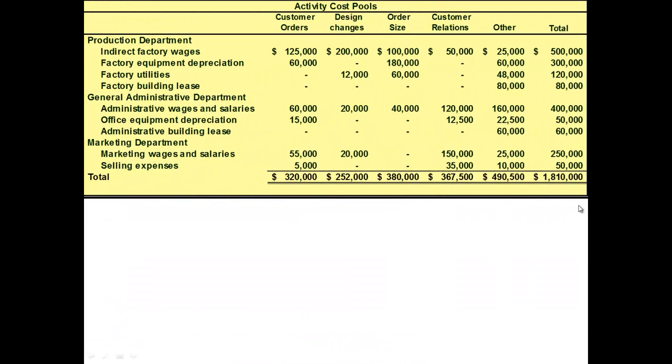So if you look over on the bottom right corner here, you see the $1.8 million in total. As we went across from left to right for indirect factory wages, we used the percentage related to customer orders and multiplied that by the indirect factory wages in total, and then we allocated $125,000 to customer orders.